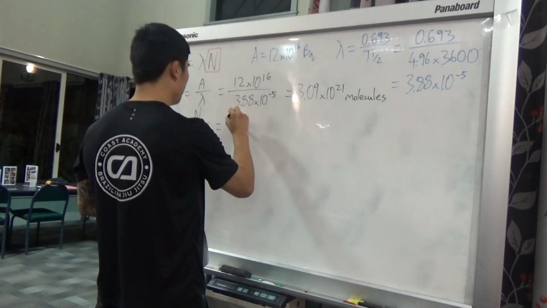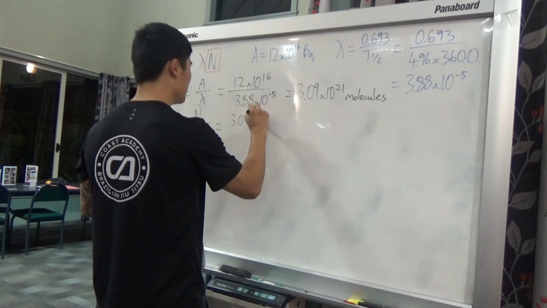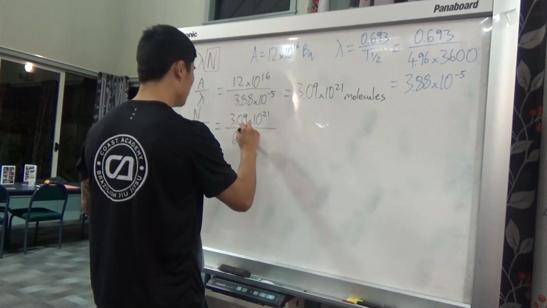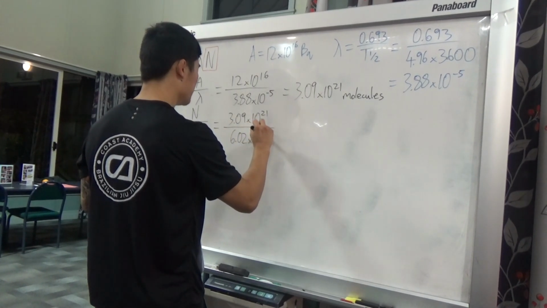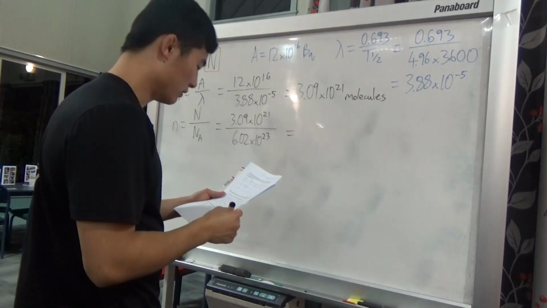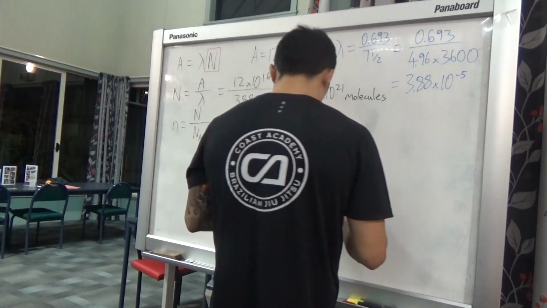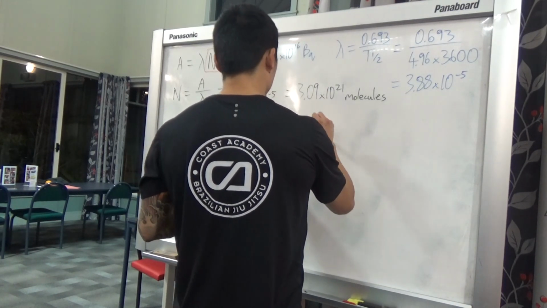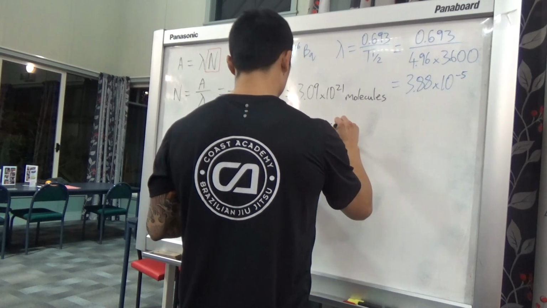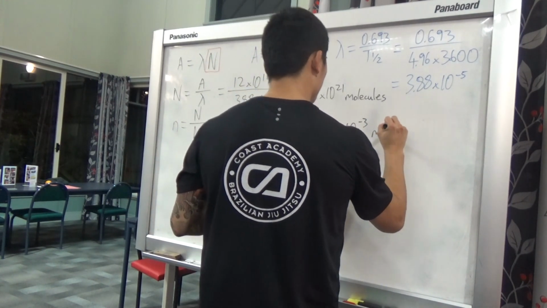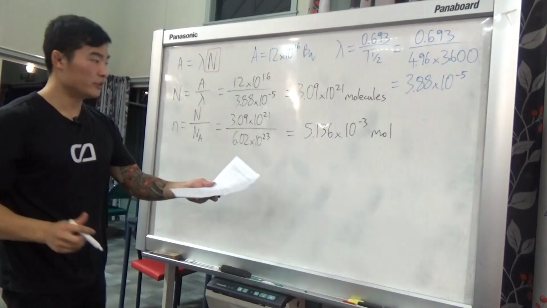So that's 3.09 times 10 to the 21 divided by Avogadro's number, 6.02 times 10 to the 23. That's 5.136 times 10 to the negative 3 moles. Okay, so that's the number of moles.